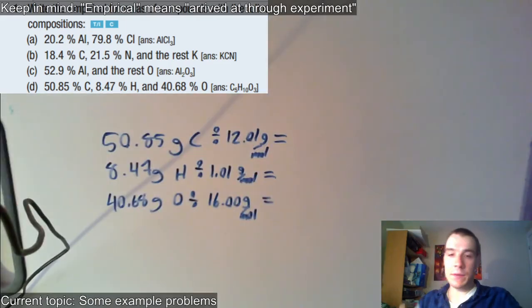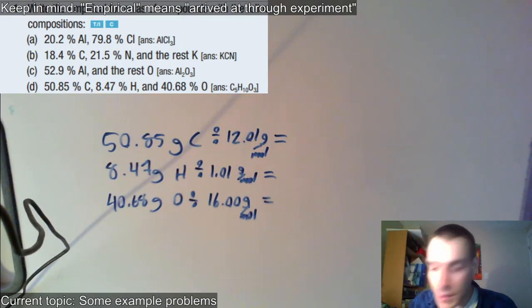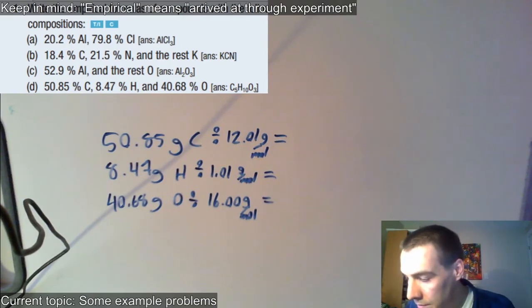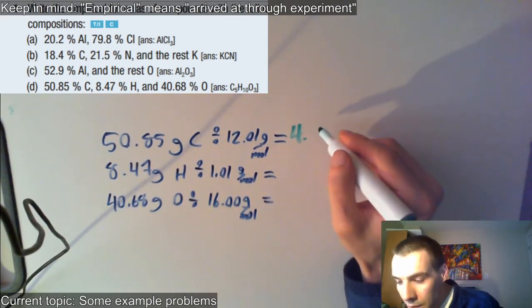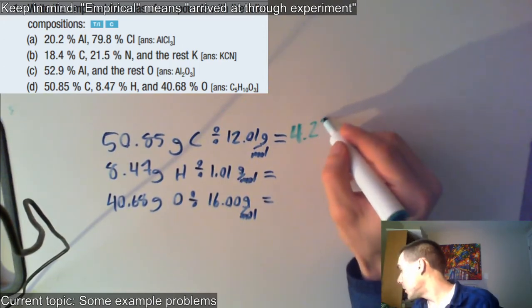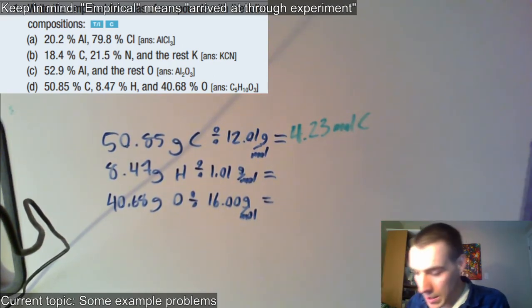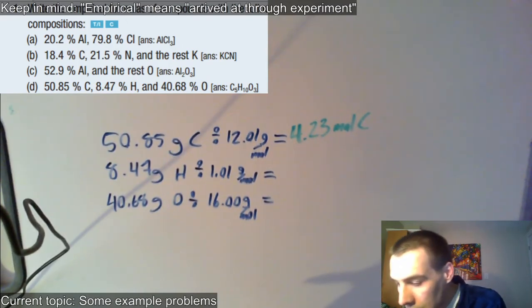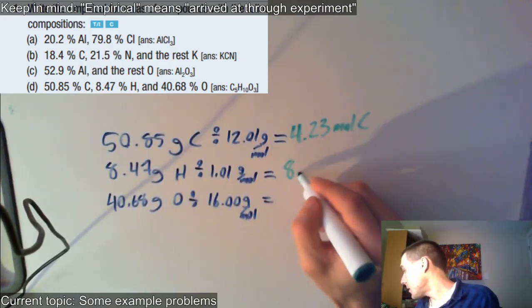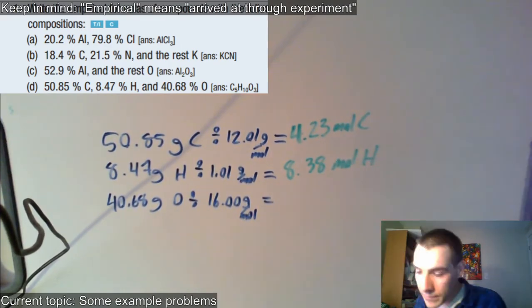I'm going to change color for my moles. So 50.85 divided by 12.01 is 4.23 moles of carbon. 8.47 divided by 1.01 is 8.38 moles of hydrogen.